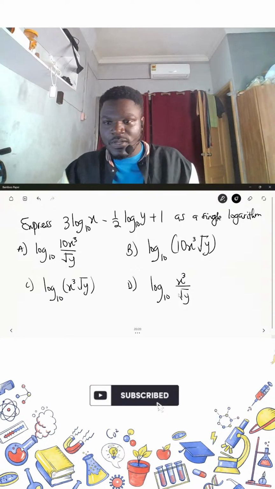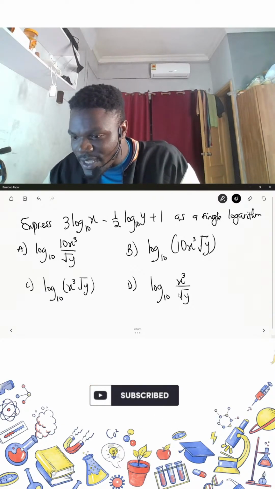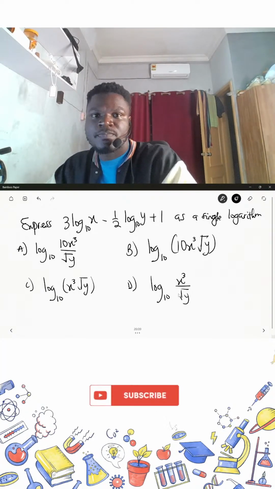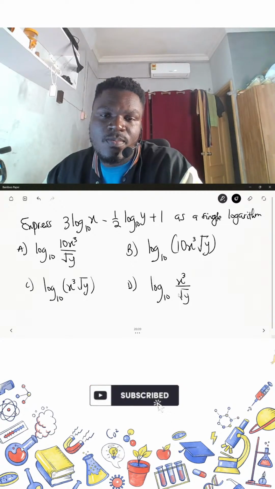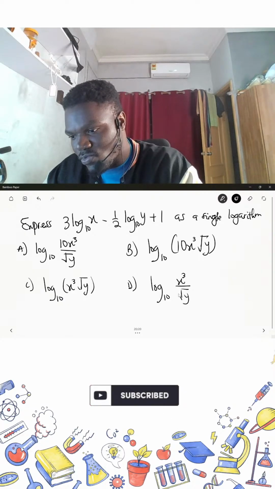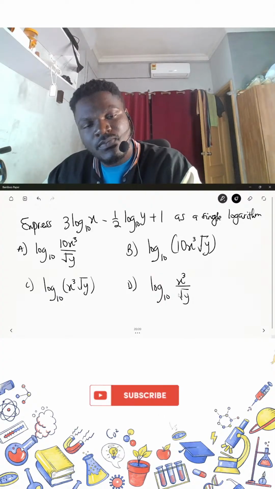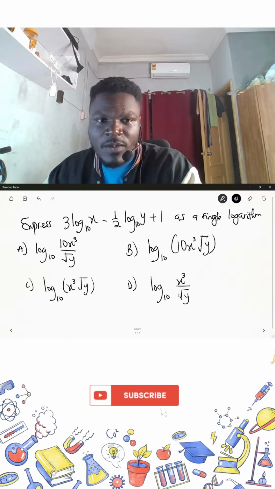All right, so this is the question, and Vishal already has our answer for us. He is saying it is option A. Okay, anyone else? Anyone else? Vishal is saying option A. Anyone else?